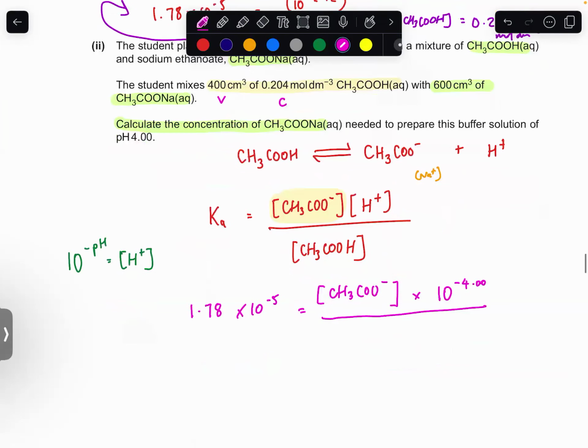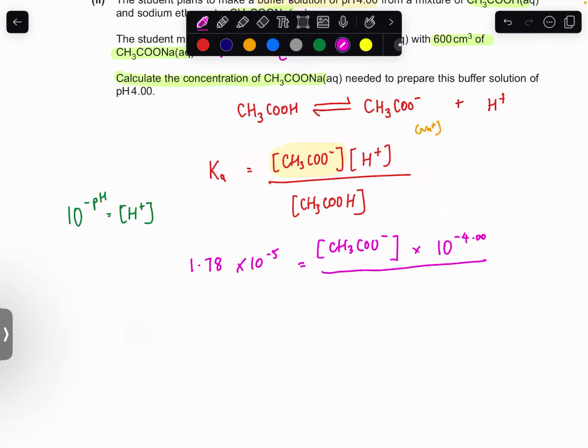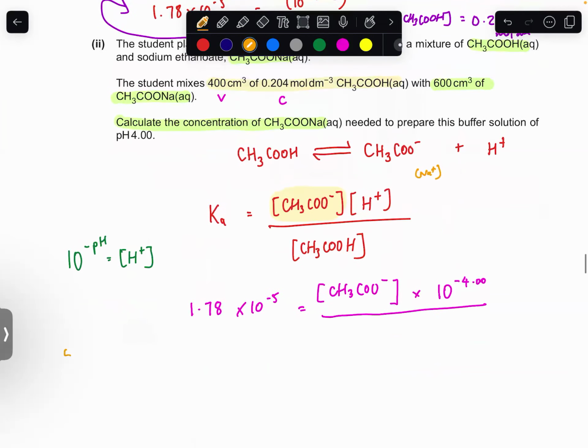So how do we work this bit out? You divide the volume by 1,000 to convert it to decimeters cubed, multiplied by the concentration. This gives you the moles.